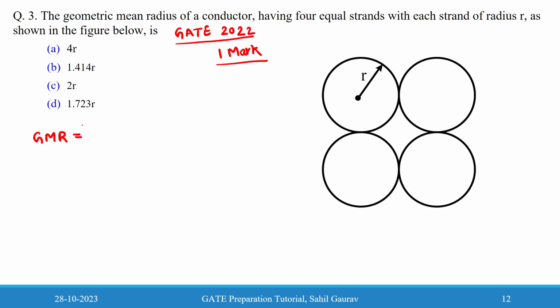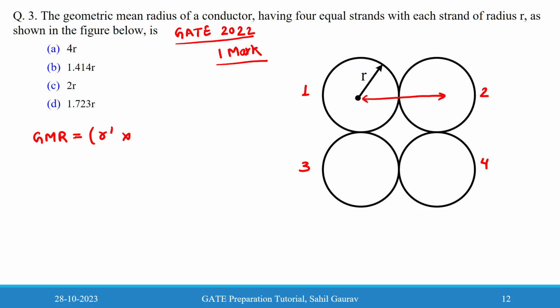Since they are touching each other, we call them strands: first strand, second strand, third strand, fourth strand.